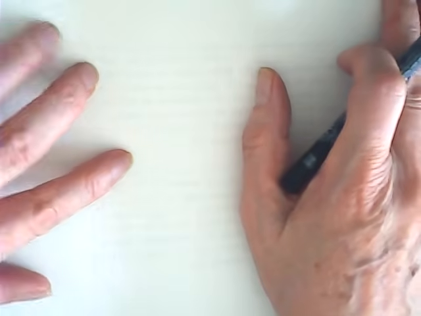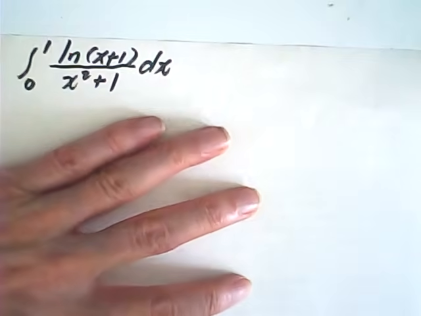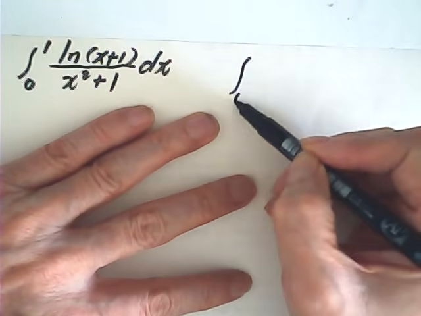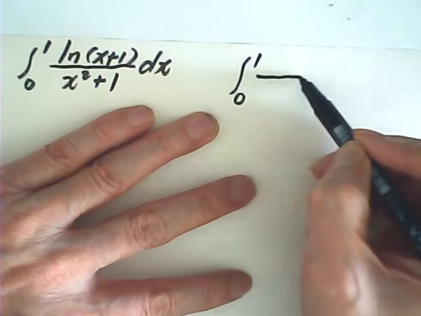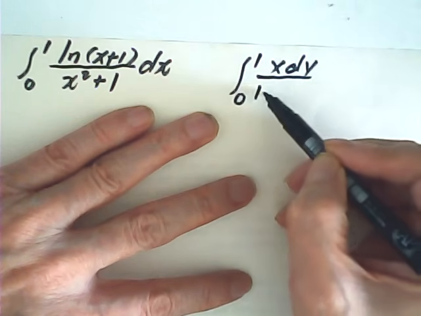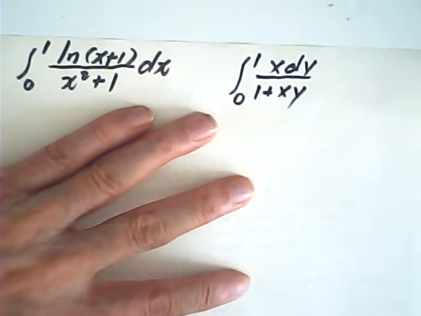Okay, now method 5. Method 5, I'm using the double integration. From 0 to 1, x dy over 1 plus xy.